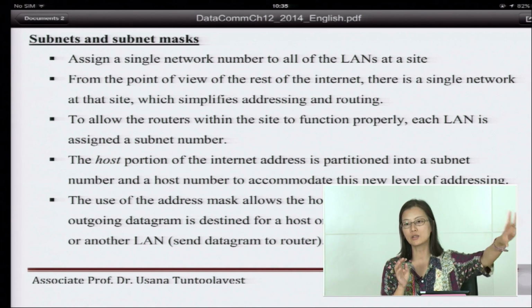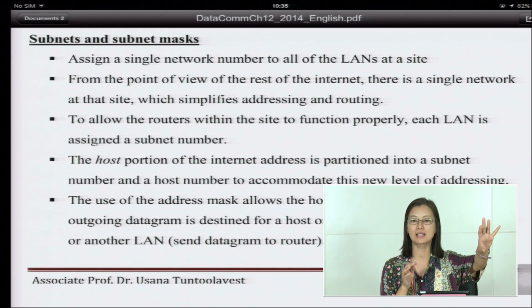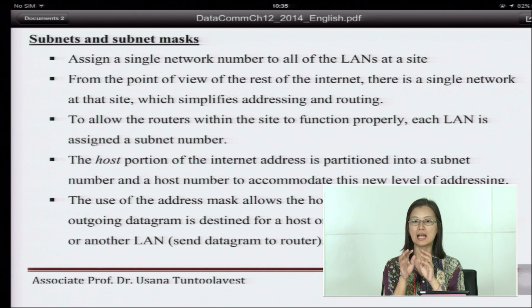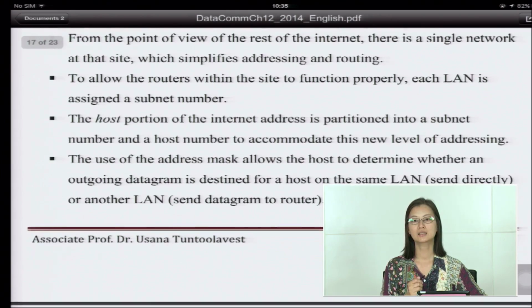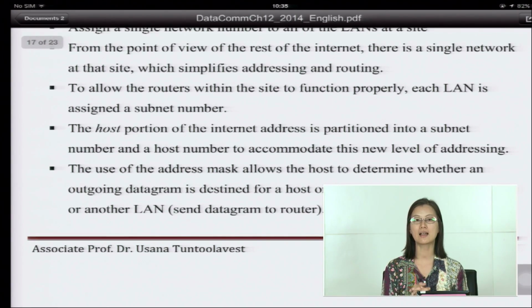For outside people, they will think of it as only one address. This is the same. Inside we will have a kind of sub-network. So the big network is like Kasetsart, and the sub-networks are for the different faculties, for example. So you can have many LANs inside one network.